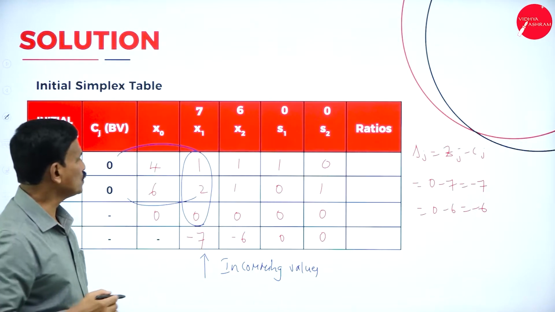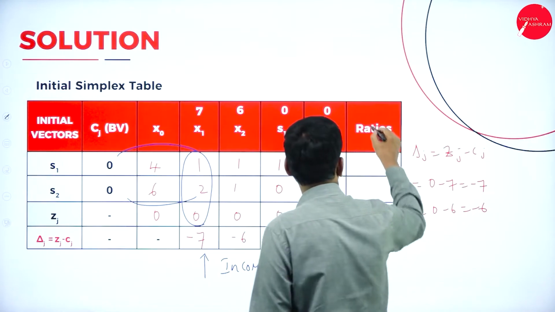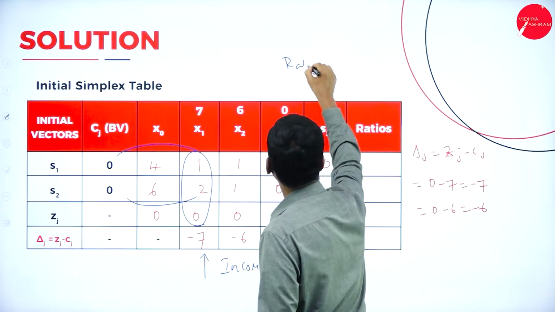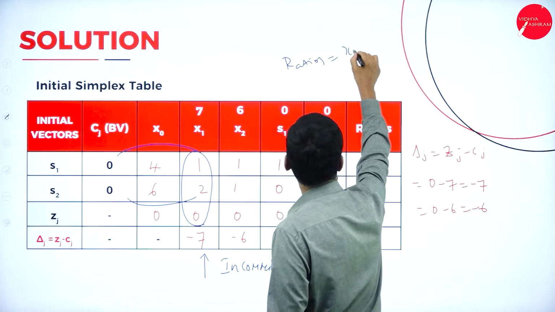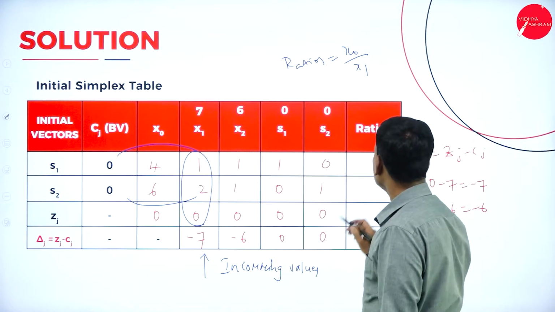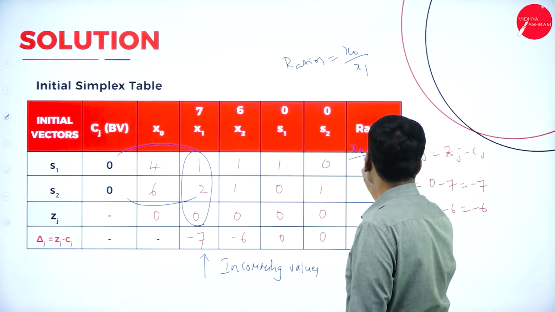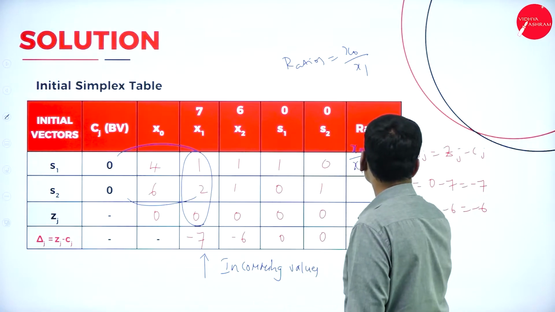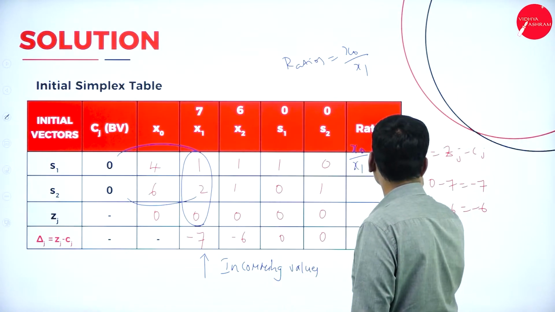Now find out the values of the ratios. Since this is x1 and x2, x0, the ratios are x0 divided by x1. So x0, 4 by 1 is equal to 4.